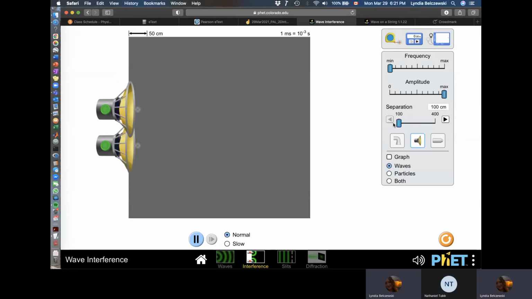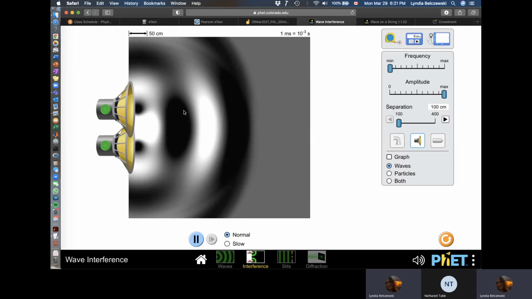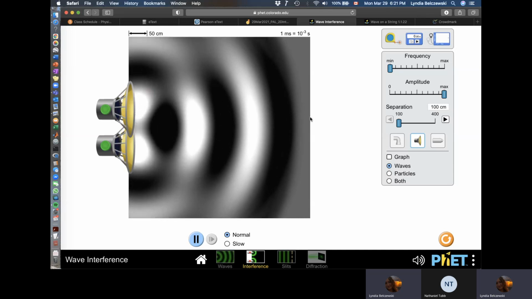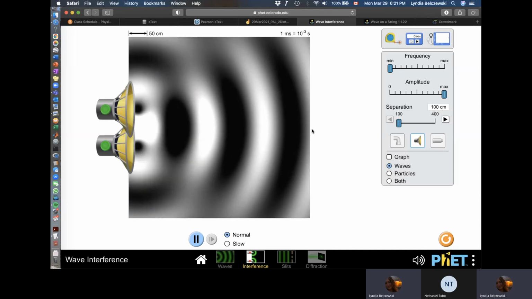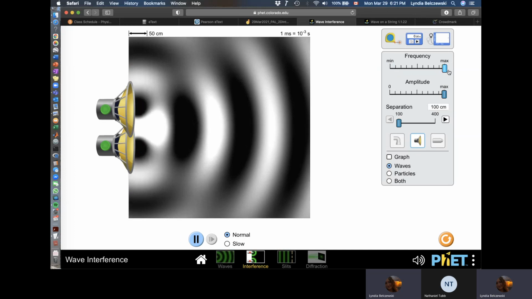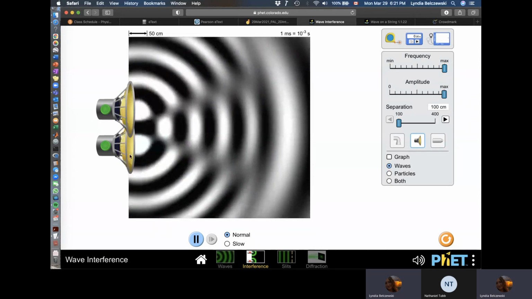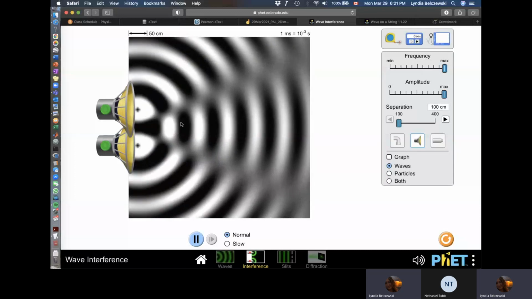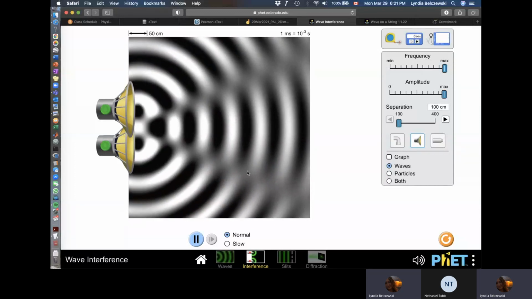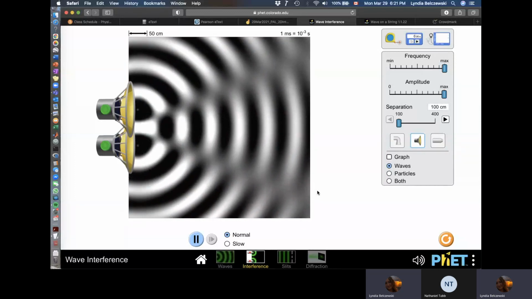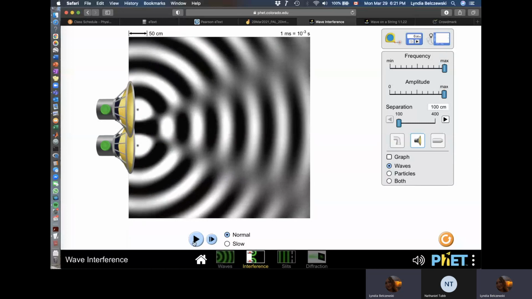So if we make this separation really small, then there's not much of an interference pattern, and the wave fronts kind of look like they're coming from one source. Absolutely. If we make the frequency really high, it's a bit more obvious. We have some definitive lines of interference. That's a really good observation.